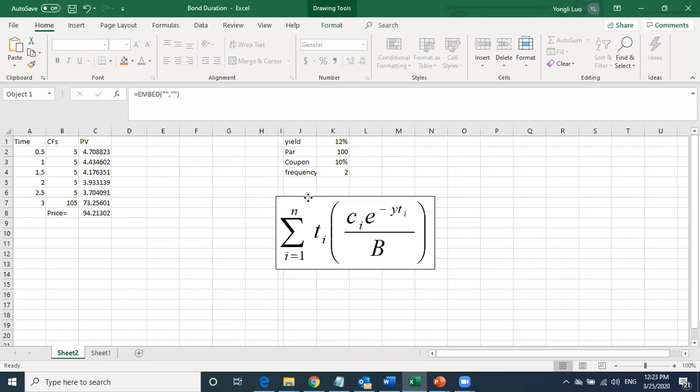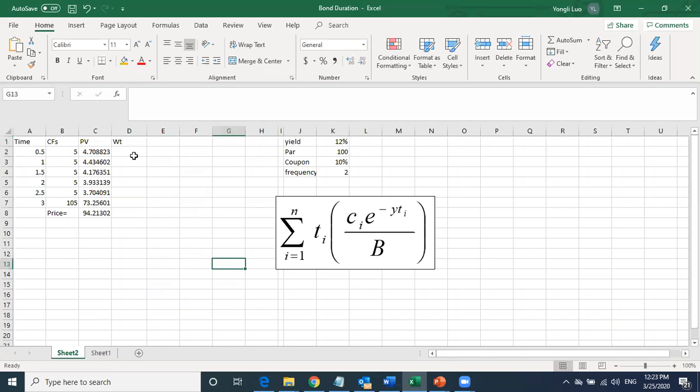It is the sum of this cash flows times exponential raised to the power of negative y times t, divided by the present value. Okay, what is this one? This is going to be the weight. So we call this the weight of time.